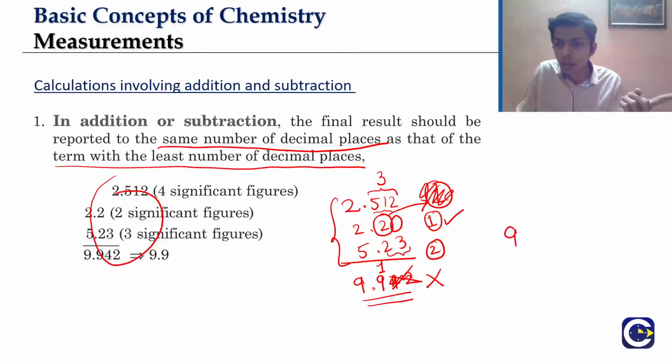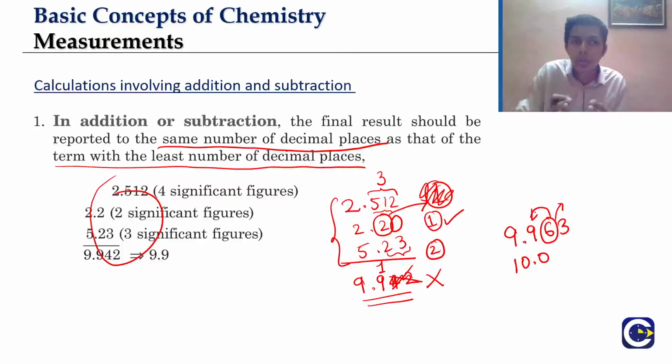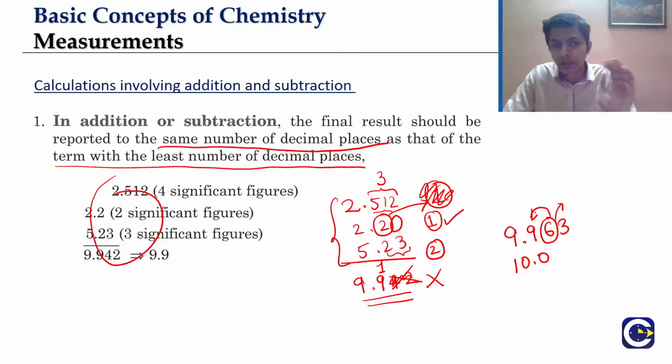For example, if you had got 9.963, you would round it off to 10.0, because 6 is greater than 5, so the preceding number should be increased by 1. This is how we apply significant figures in addition or subtraction.